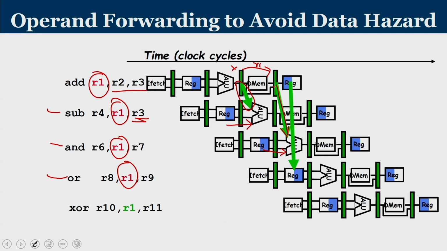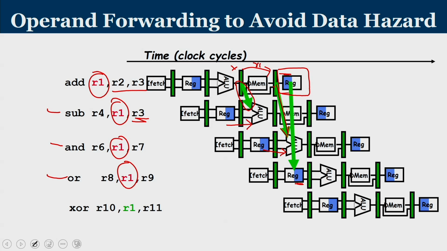The general convention is that writing into the register happens in the first half of the clock cycle, whereas reading from a register happens in the second half of a clock cycle. Since register access is a very fast operation, an entire clock cycle is not needed to access the registers.